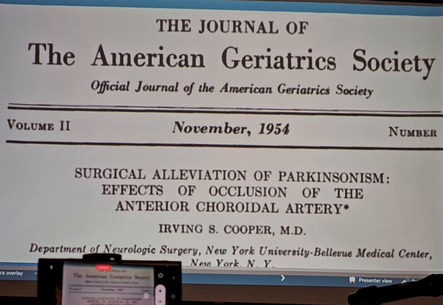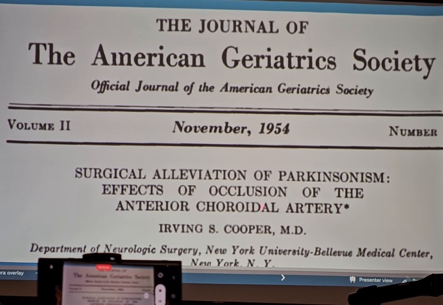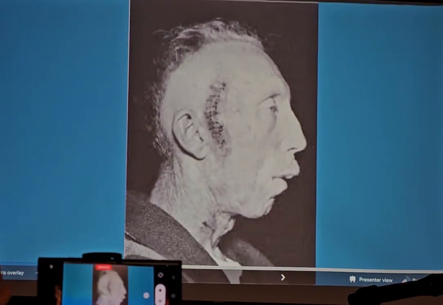This is the publication from Irving Cooper, published in 1954 in the American Journal of Geriatric Society. What Irving Cooper discovered quite by accident is he was operating on patients with Parkinson's disease. And this was the patient that was popular in that publication.